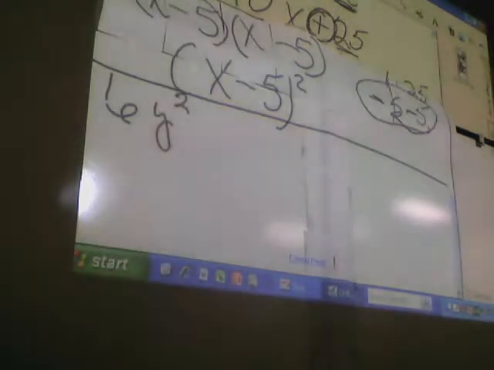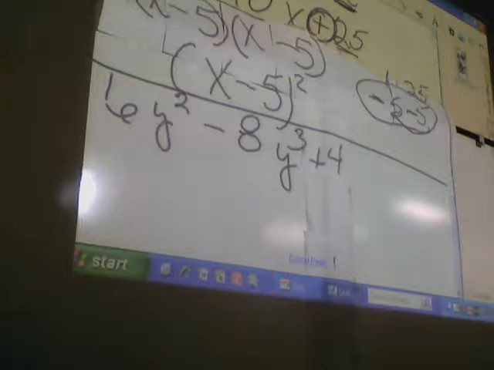Okay, number 4. We have 6y squared minus 8y to the third power plus 4y to the fourth power. Can we factor anything out before we start doing the numbers? Does it have anything in common? 2 and y squared.